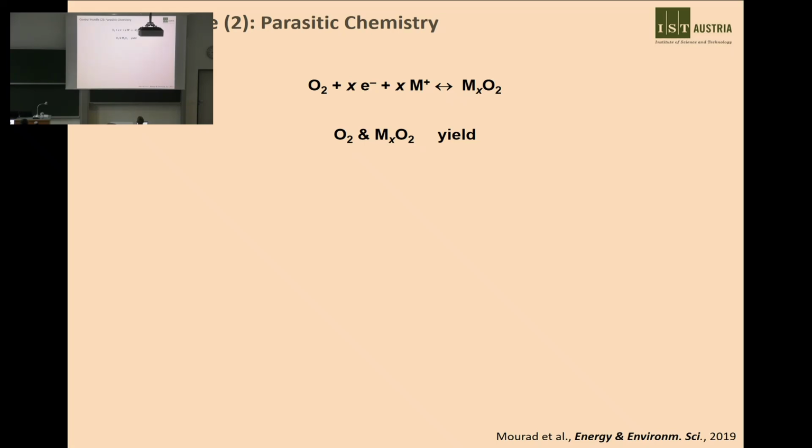You have this also quite generally, but here for the example of oxygen. So this would be the ideal cell reaction, let's say from oxygen to superoxide or peroxide, and of course this directly establishes the stoichiometry that we would find. And so we can take the discharge product yield relative to the electrons, or on recharge, how much oxygen we get out as a measure of parasitic chemistry.